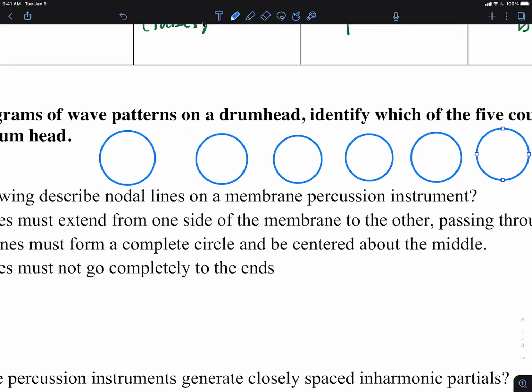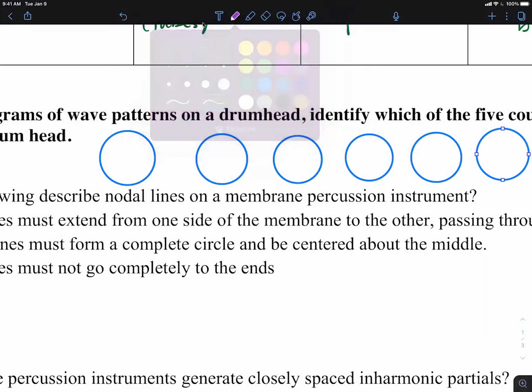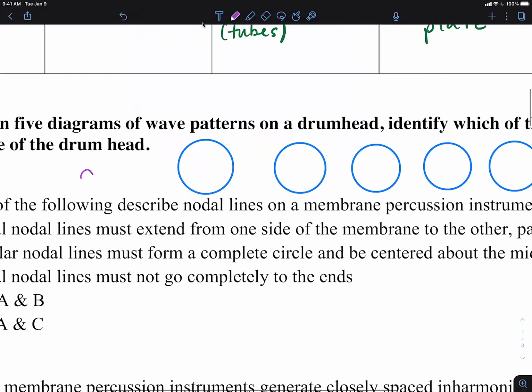Pretend those are different or about the same, it doesn't really matter. I'm going to draw the nodal lines. These are 2-dimensional surfaces now. So instead of our waves on a string, where we had node points because that's just 1-dimensional, now that we're in 2 dimensions, we're going to have node lines.